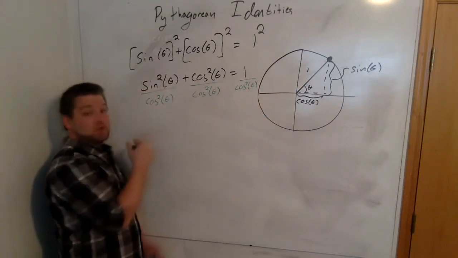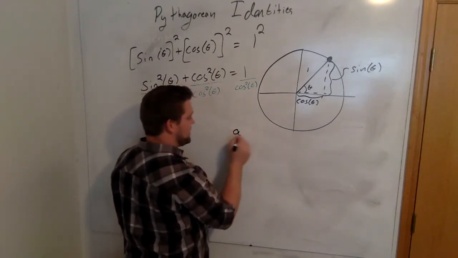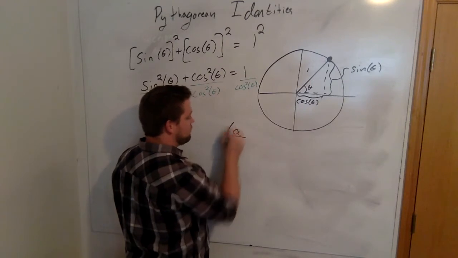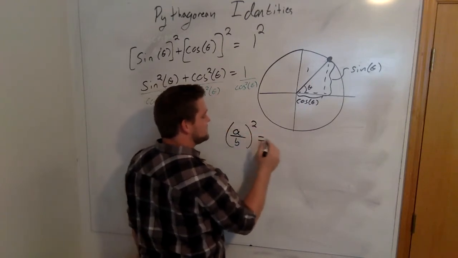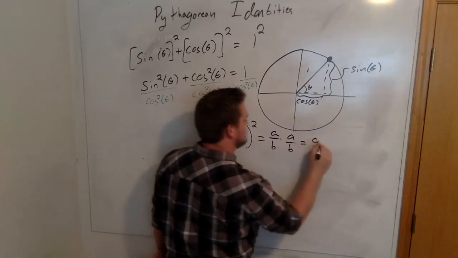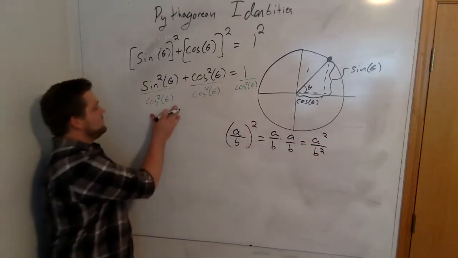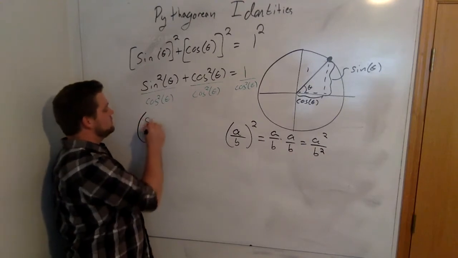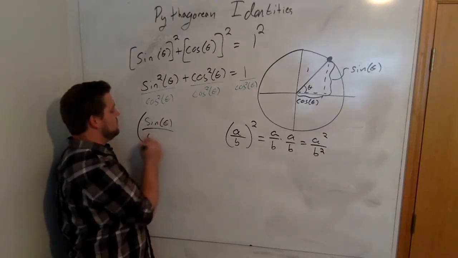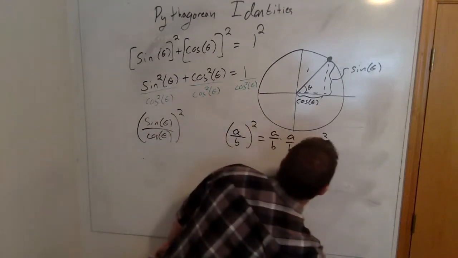Notice here that if I have A over B quantity squared, that's the same thing as A over B times A over B, which is the same thing as A squared over B squared. So this is equivalent to sine of theta all over cosine of theta quantity squared.